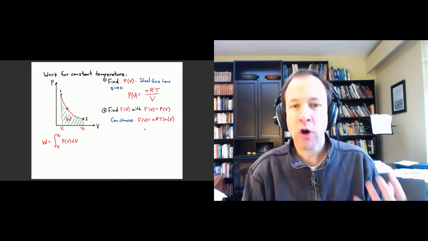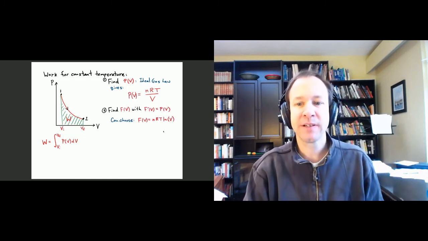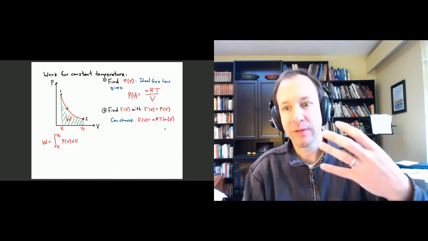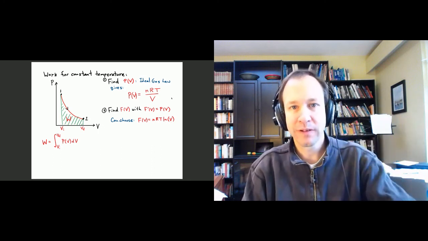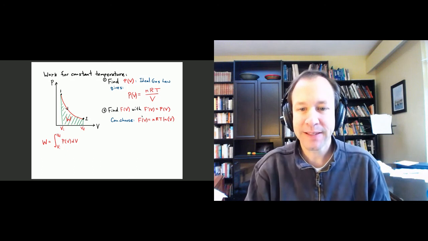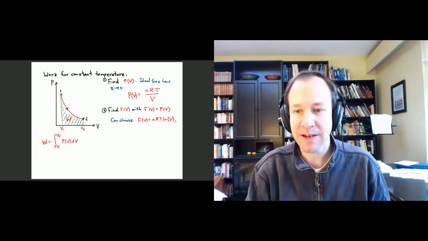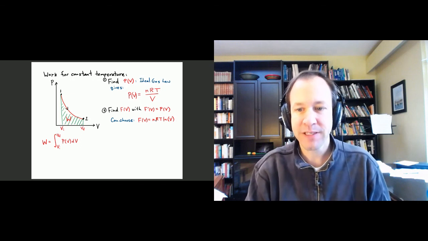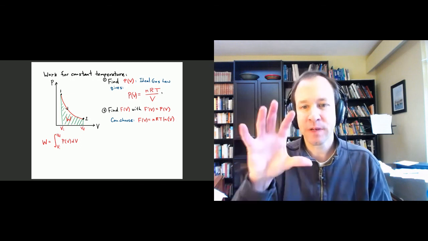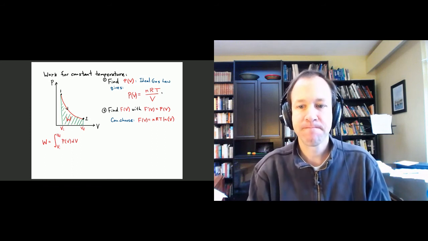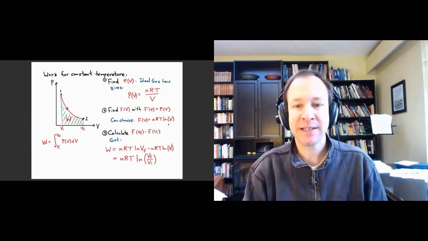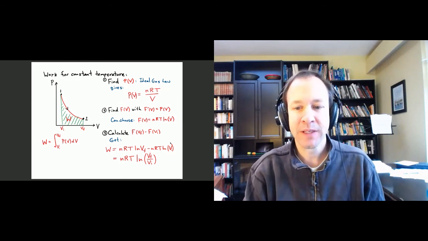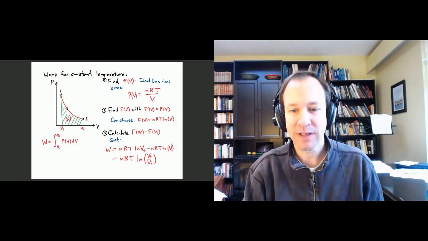And hopefully by this point in your calculus courses, you've learned that if you start with the logarithm function, the natural log, and you take the derivative, you get 1 over volume. And so you could check that this function, f of V equals nRT log V, natural log of V, if you take the derivative of that, then it gives you this function P of V. Once we have this antiderivative, then the area is simply the difference between our antiderivative evaluated at the final volume and the antiderivative evaluated at the initial volume.